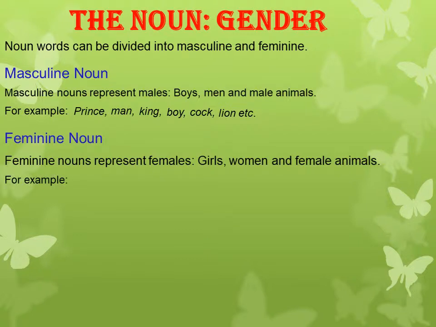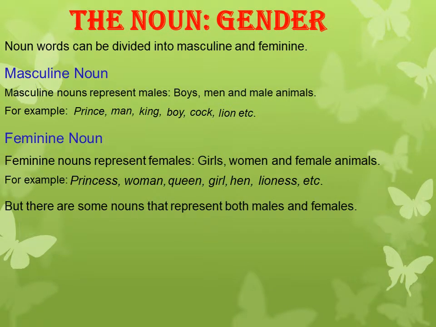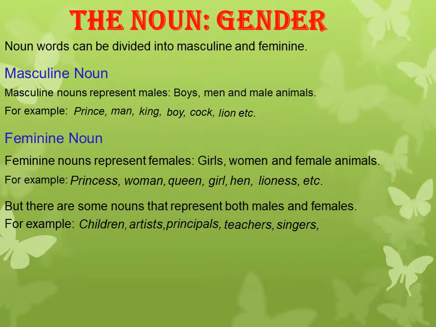For example, princess, woman, queen, girl, hen, lioness, etc. But there are some nouns that represent both males and females. For example, children, artists, principals, teachers, singers, lawyers, etc.